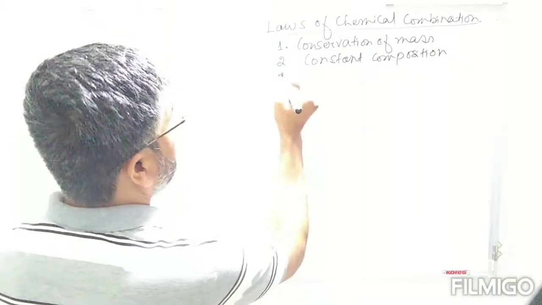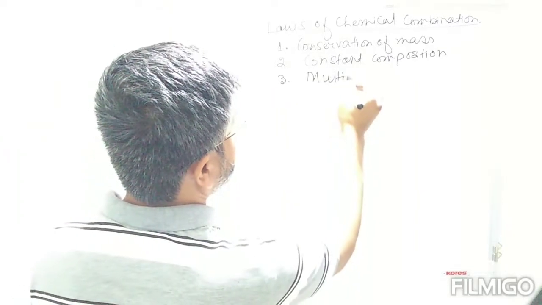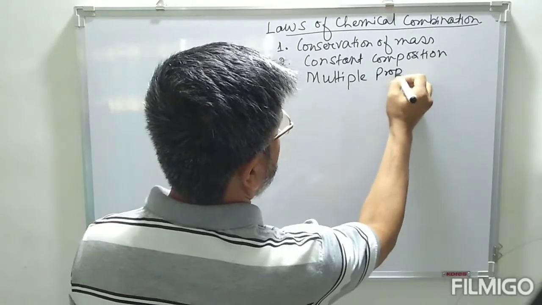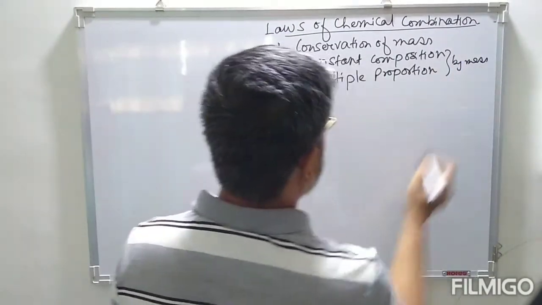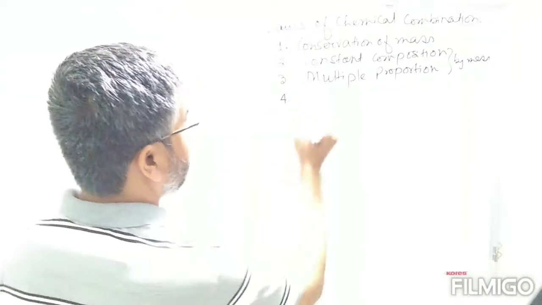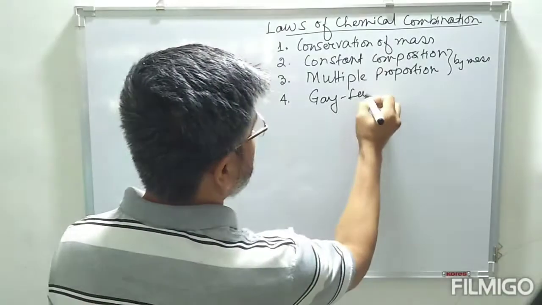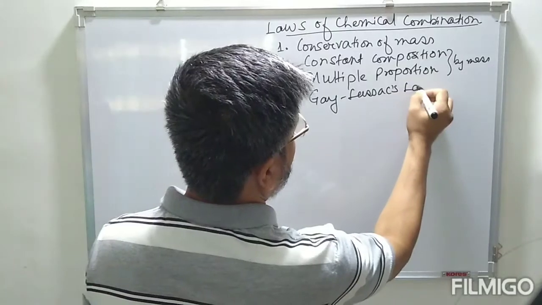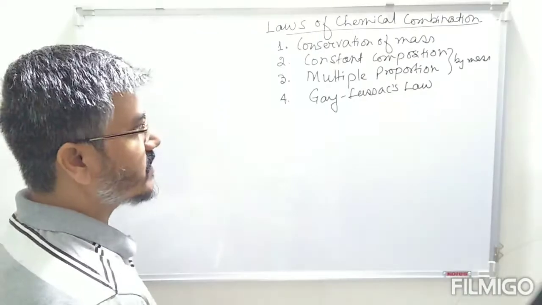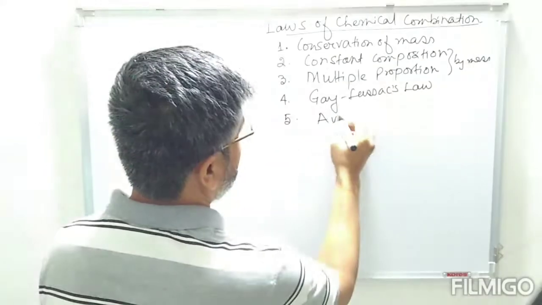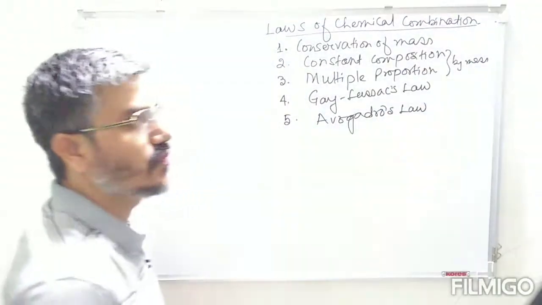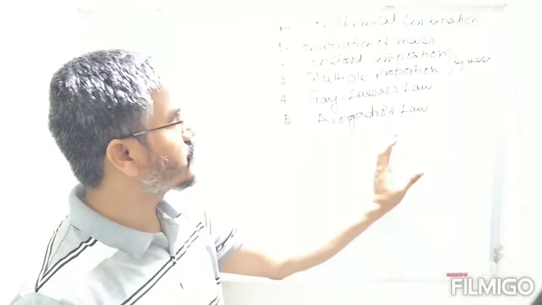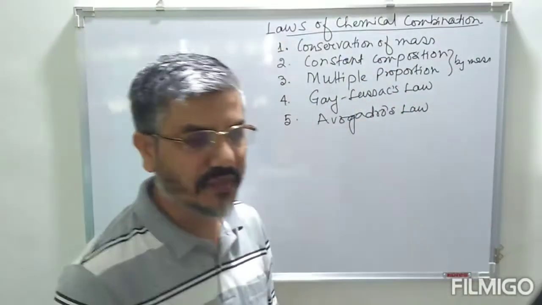The third law is the law of multiple proportion by mass. The fourth law we have is Gay-Lussac's law of combining volumes, or simply we say Gay-Lussac's law. Number 5 we have Avogadro's law. So these are the 5 laws which are known as the laws of chemical combination.